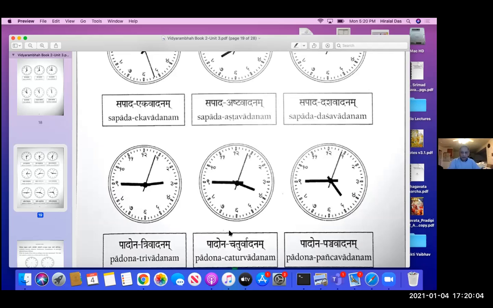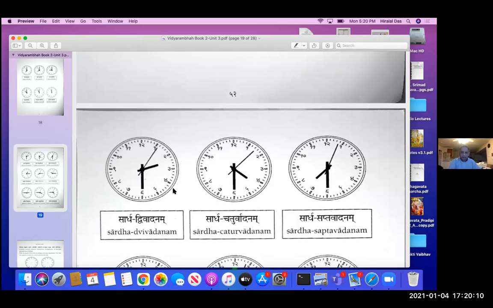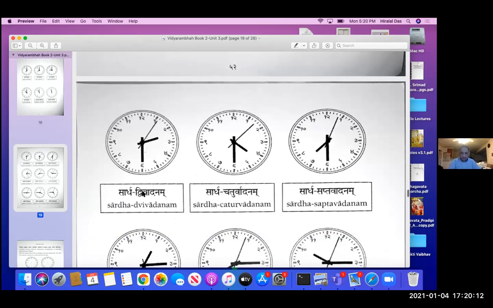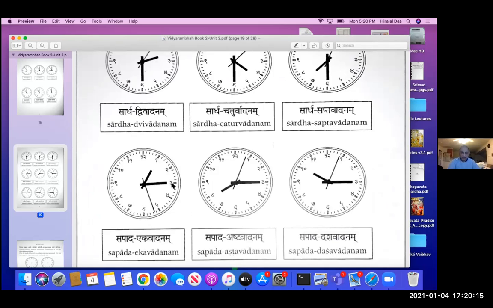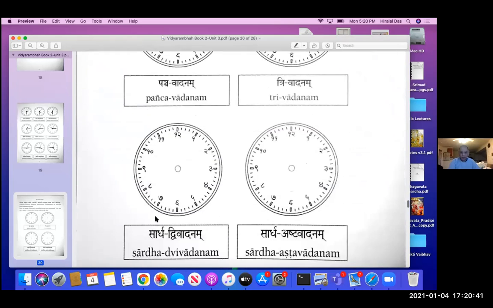Whenever the long hand is facing 6, it's 30 minutes. If it is facing 3, 15 minutes. And if facing 9, it's 45, which is 15 minutes less than the hour we're talking about, like Padon Trivadanam here. So only these three positions, 3, 6, 9: Sapad, Sardha, Padon, for the long hand. Then the short hand you have to figure out depending on what number it is.